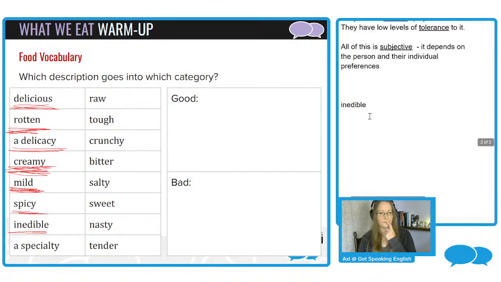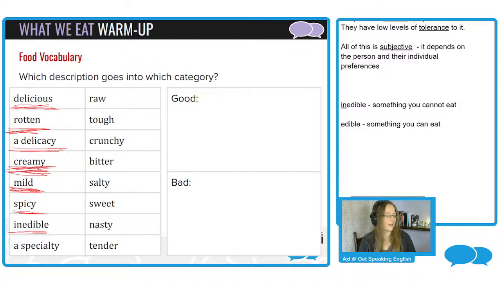And inedible. So inedible. Any thoughts on what inedible means? So we have the word edible, which means something you could eat, right? And then something inedible is the opposite, right? So we have this prefix that negates it. So something that you cannot eat.